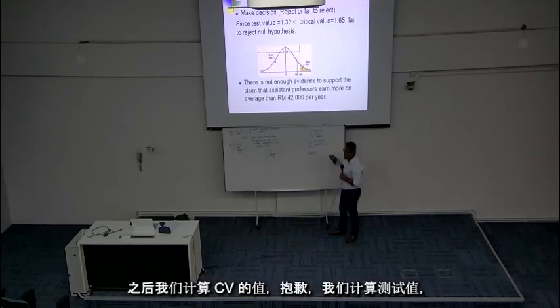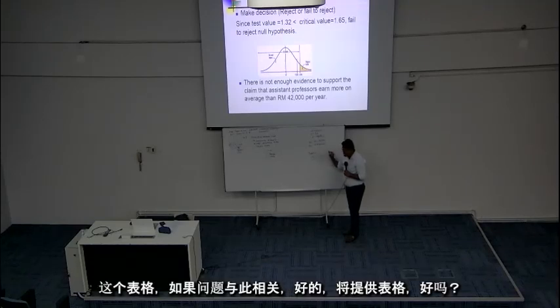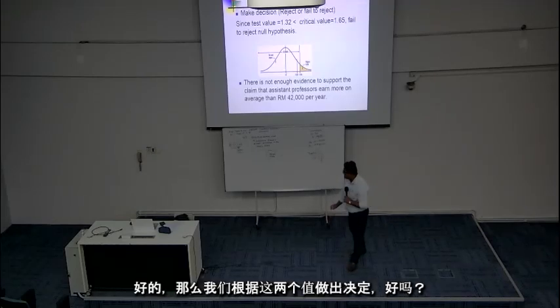After that we calculate the test value, TV, from the formula, and we also get the CV from the statistical table. If the question is related to this, the table will be provided. No worries.